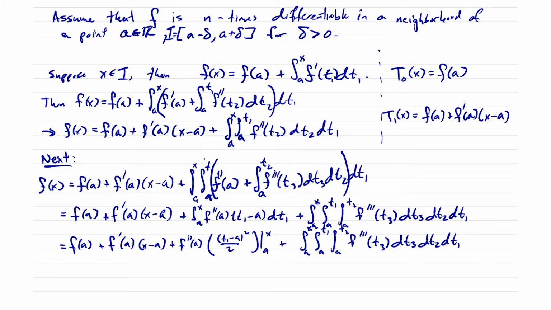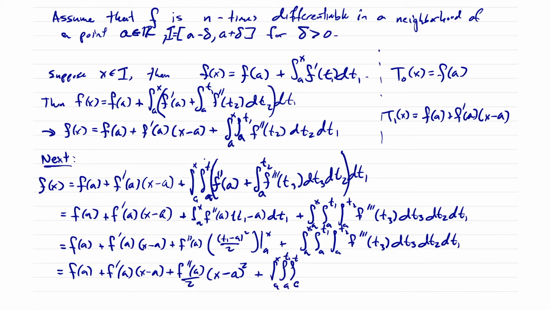And so finally, this quantity here, we can get at it, and that is going to be equal to f of a plus f prime of a times x minus a plus f double prime of a divided by 2, and what we're left with is x minus a squared plus now this triple integral from a to x, t1, t2, f triple prime t3 dt3 dt2 dt1, right?